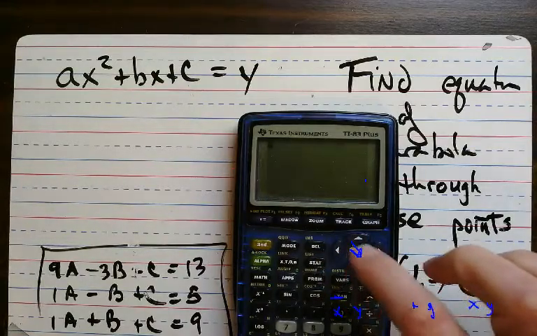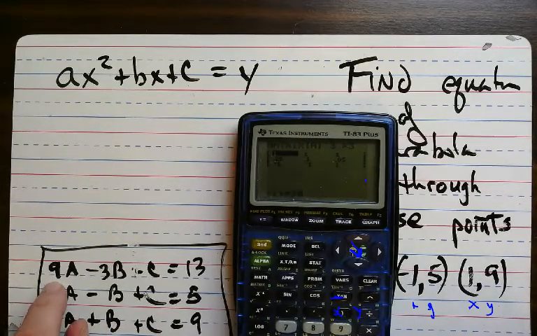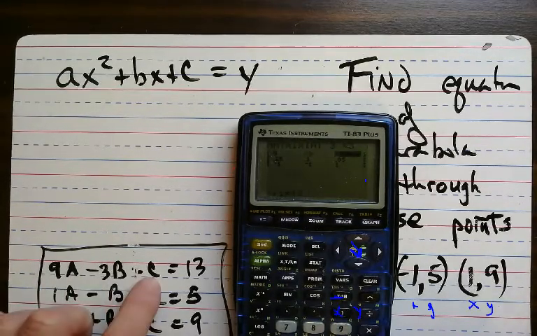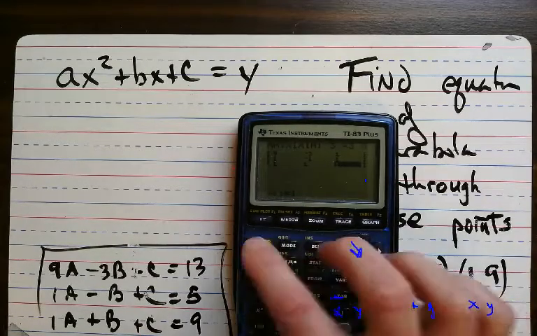Okay, let's put in the values. I go to my matrix, and I'm going to edit my 3 by 3 matrix. And I've got 9, -3, 1, and then 1, -1, 1, and then 1, 1, 1. Okay.